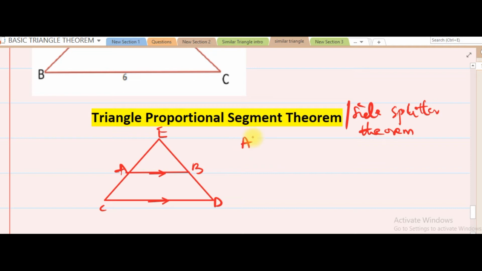I'm saying that AE over AC must be equal to BE over BD. So that's what the theorem states.